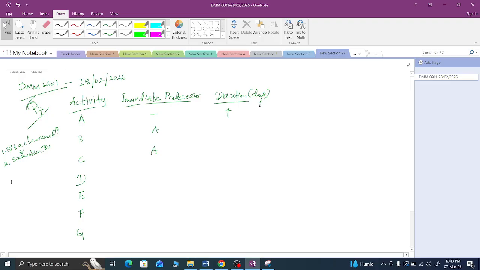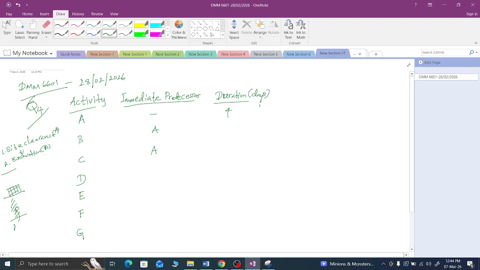For example, in a building with two floors, for the first floor I am doing plastering work, which is an activity, and on the second floor I can start the brick construction work at the same time. So there are possibilities.